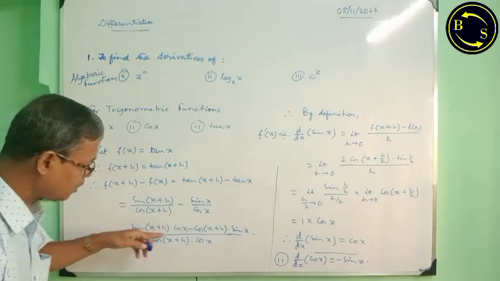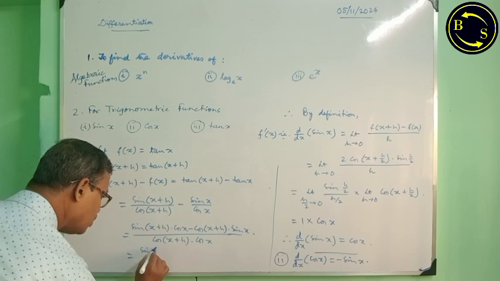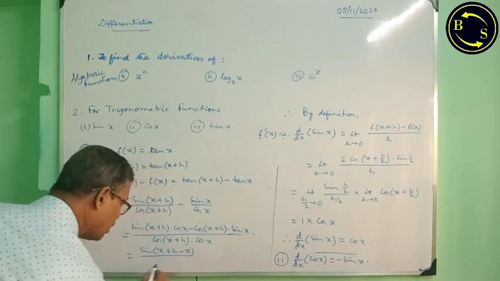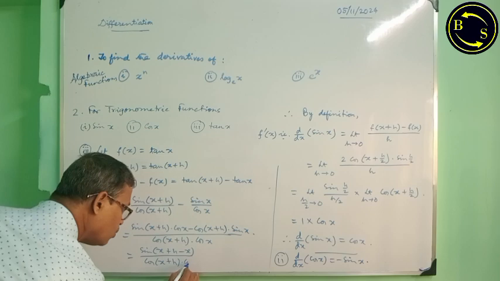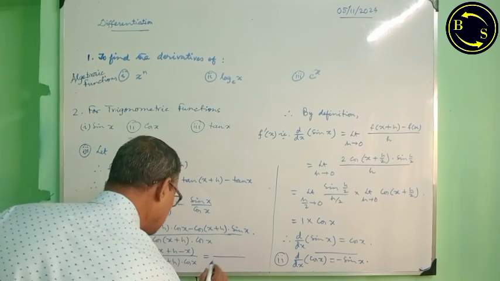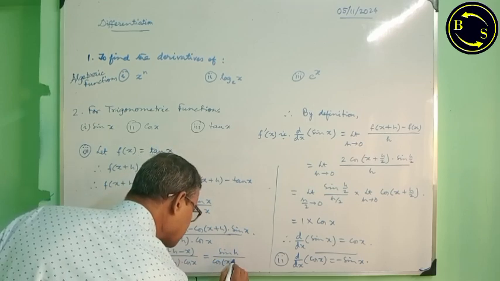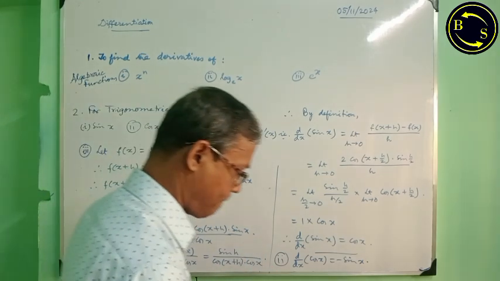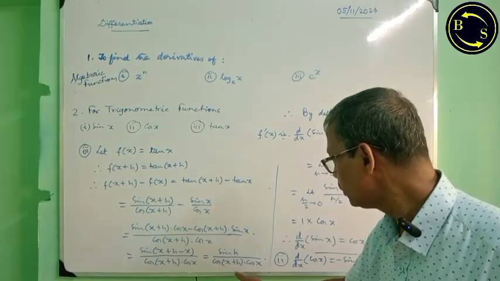Now this is of the form sin a cos b minus cos a sin b. That means it is sin of x plus h minus x divided by cos of x plus h into cos x. After simplification, it will be sin h over cos of x plus h into cos x. I have simplified and got this form.